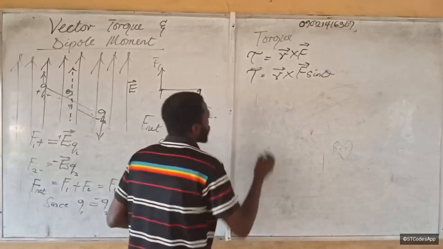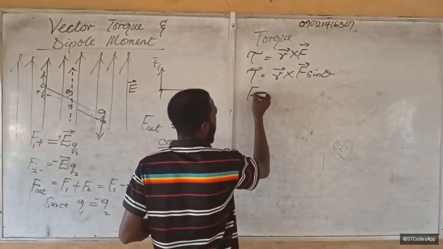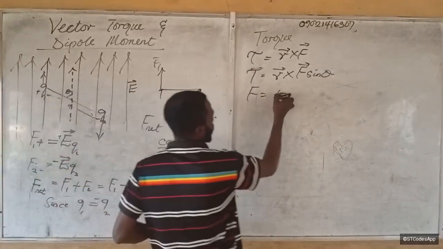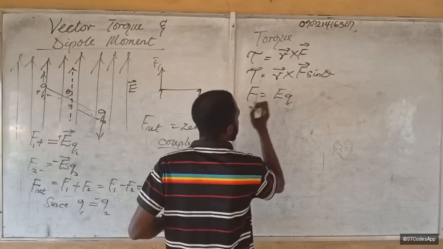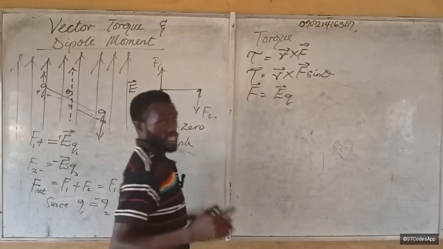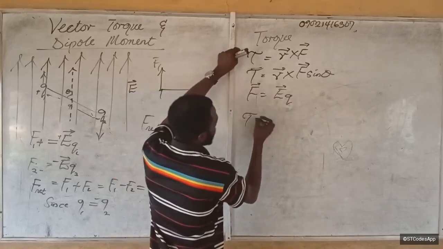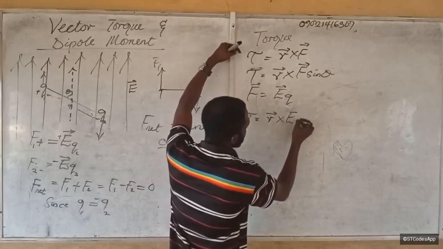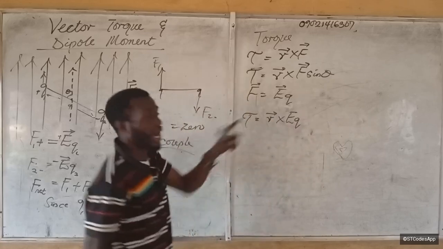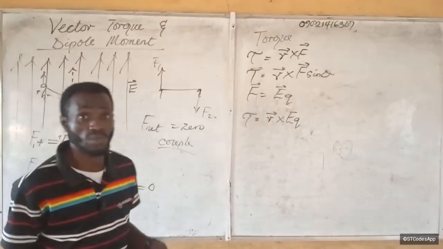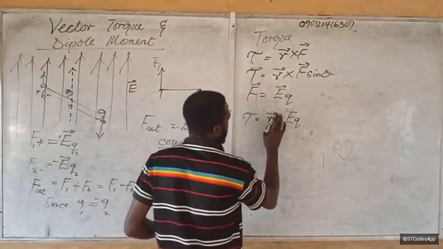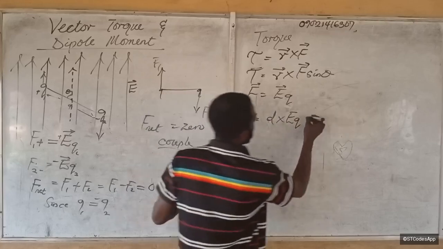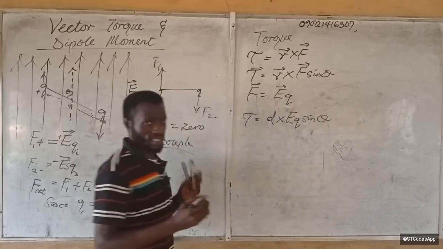Okay? But remember also that our F we gave as EQ here, right? So that's going to be E times Q. Recall this, right? Now, if this is the case, then we can say that our torque is going to be equal to R cross EQ. Now our R here, we can use D to represent it, which is distance. So we can say it's distance, that will be D, then sine theta. I hope this makes sense to you.